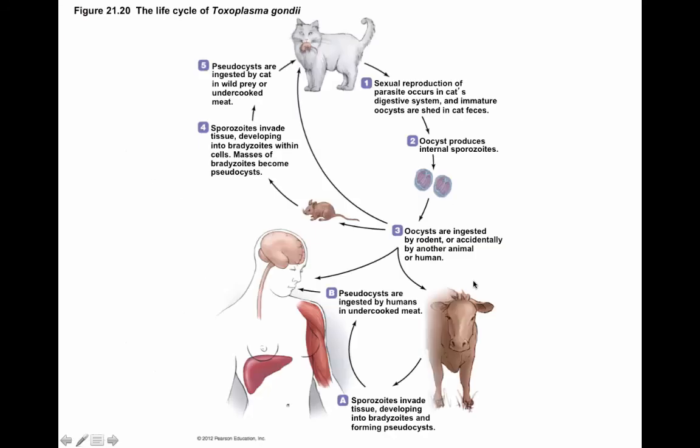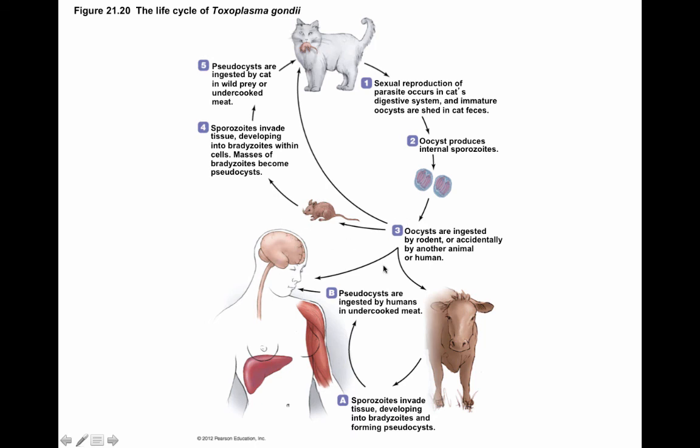Here was the life cycle of toxoplasma. Remember, sexual reproduction occurred in cats, in the cat's digestive system, and then these little cysts would be shed out with the feces. And then if someone accidentally ingests these cysts, they could get infected with toxoplasmosis.